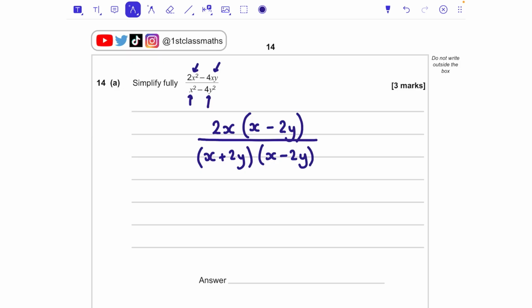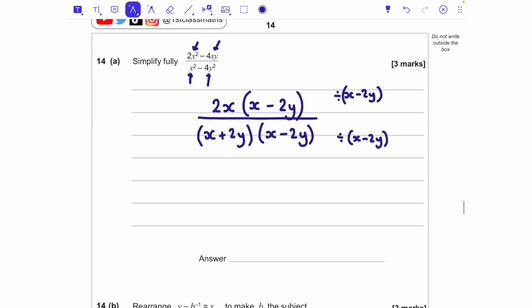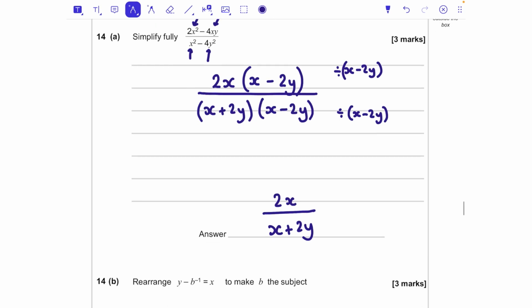I can then divide the top of the fraction by x minus 2y, and divide the bottom of the fraction by x minus 2y, because they have those in common and they're multiplying together, so we can divide by that, and we would be left with 2x over x add 2y. We can't simplify that any further because there's nothing in common to all of the terms.